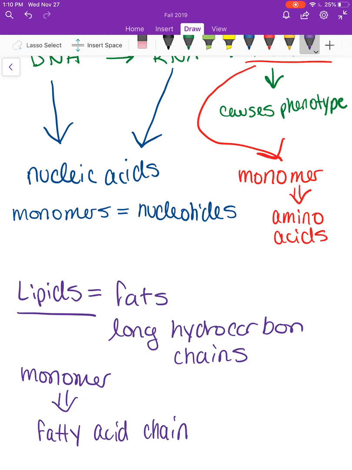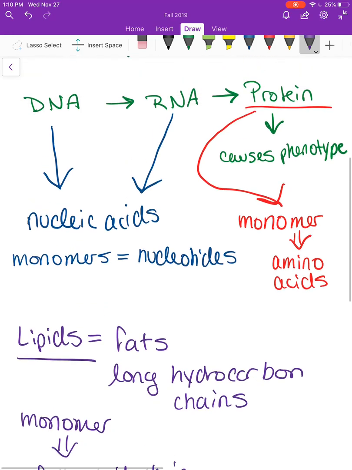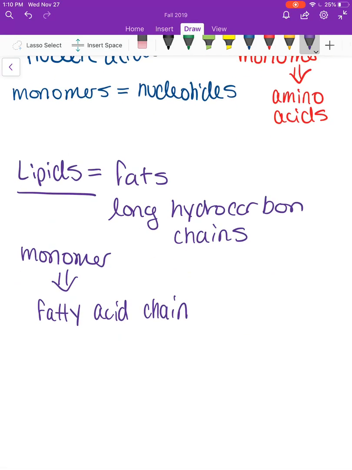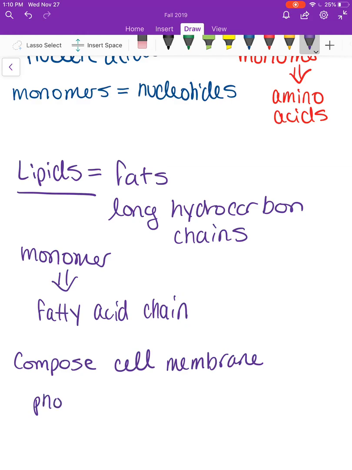And we talked about where we find nucleic acids and proteins because we talked about it in the central dogma, but we can also find lipids everywhere in our body. For example, lipids compose our cell membrane because it's made out of the phospholipid bilayer, right?